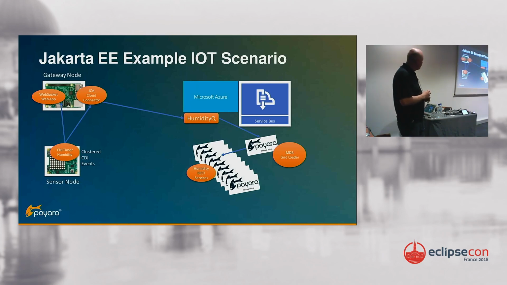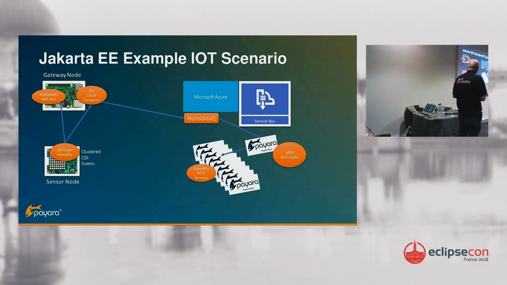What we have here is a sensor node, running on Raspberry Pis. There's a Raspberry Pi sensor node here with a Sense HAT, which has a humidity sensor built into it.